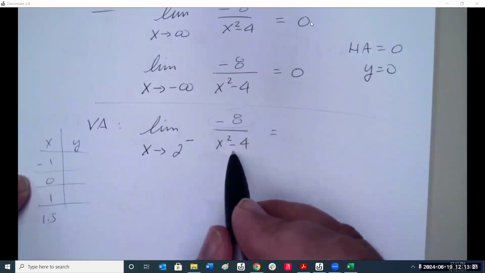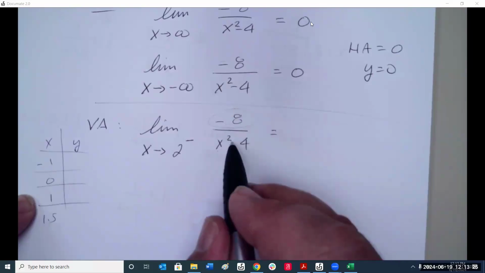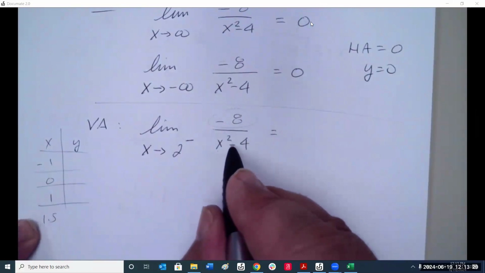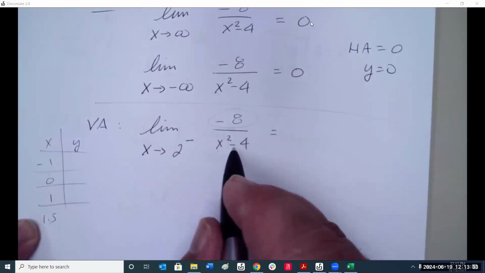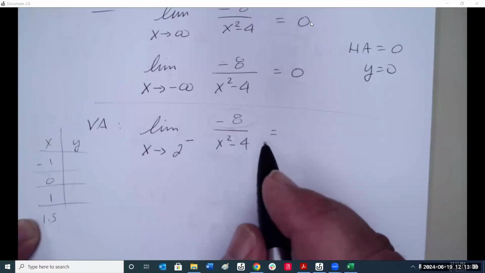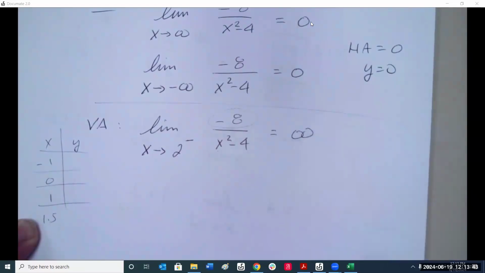So negative over negative cancel. 1.5 too. So as it gets closer to 2, is it going to positive or negative? Positive. It's going to positive infinity.